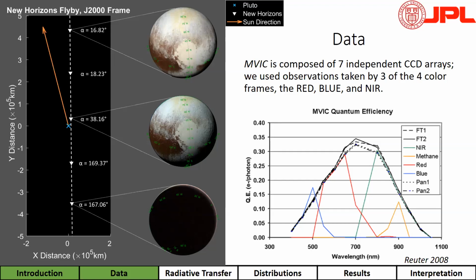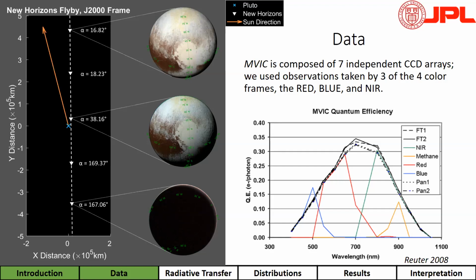It had several panchromatic filters, but we'll be only using the color filters because the composition and the size of the particles impacts the scattering that we observe, which is also controlled by the wavelength of light. So all of this needs to mesh together in our explanation.